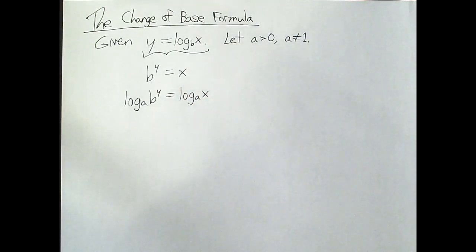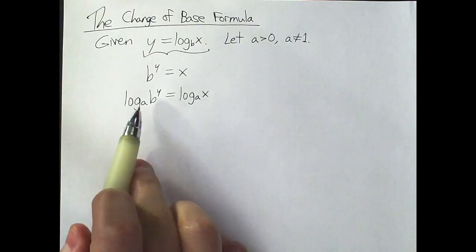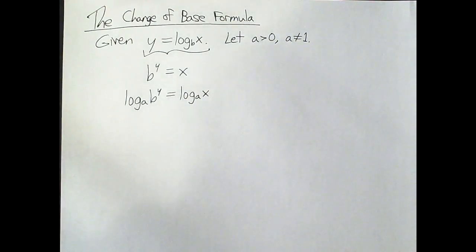You might say, is it okay to take a logarithm of both sides? And it is, as long as we do the same base. Log base a, log base a. You can do that to both sides of an equation. Technically, the reason why it's okay to do that is because it's a one-to-one function. Generally, with one-to-one functions, it's okay to do it to both sides.